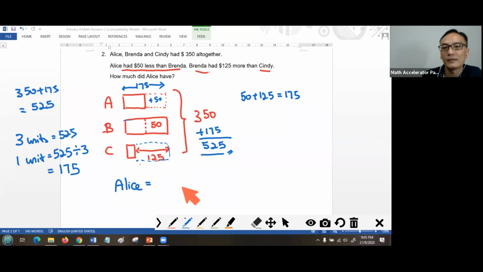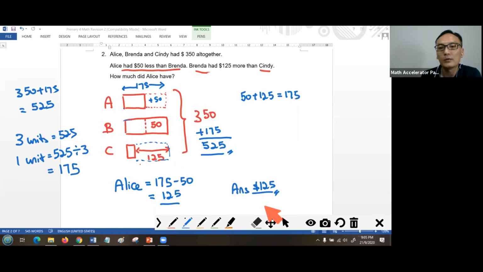Okay, so we will take 175 minus 50, right? And that will give us 125. So your answer for question 2 is 125. How many of you have the same answer as me? Type me too.